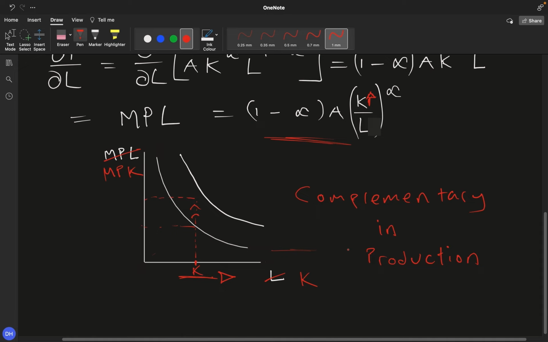Each of those workers is going to become more productive. Those 8 workers now have a machine each. Just to give a very simple example, so more capital makes your labour more productive, more labour makes your capital more productive. And yeah, that's what we call capital and labour being complementary in production.